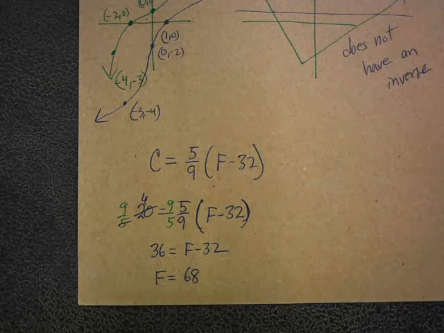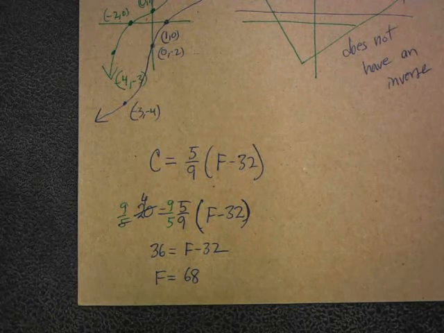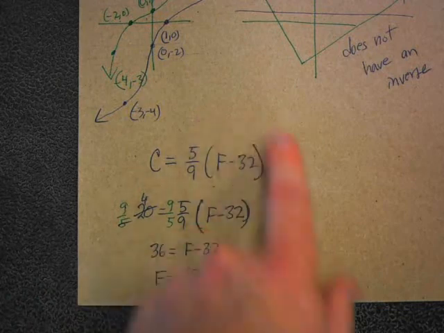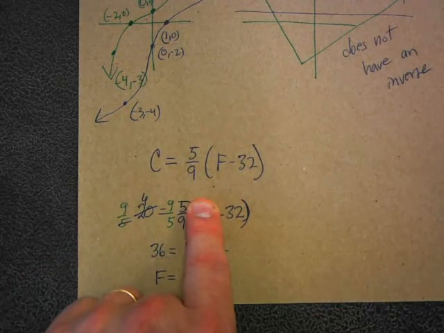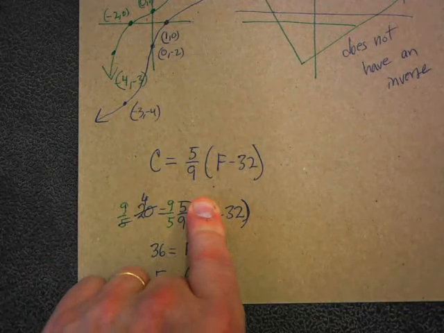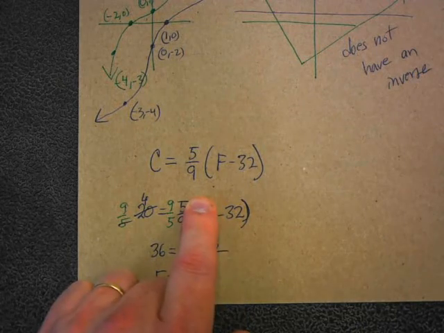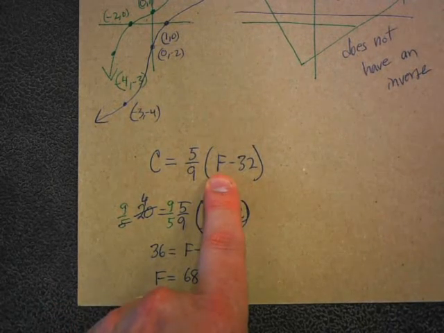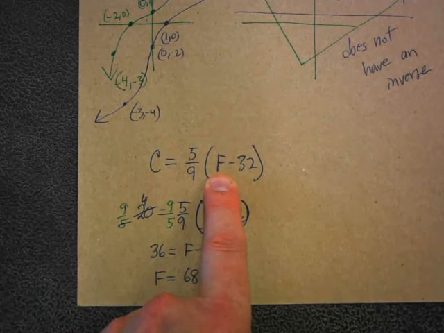Let's see, 20 over 5, that's 4. 9 times 4 is 36. So 36 equals F minus 32. And then add the 32. F is 68. So the Fahrenheit temperature would be 68 degrees.